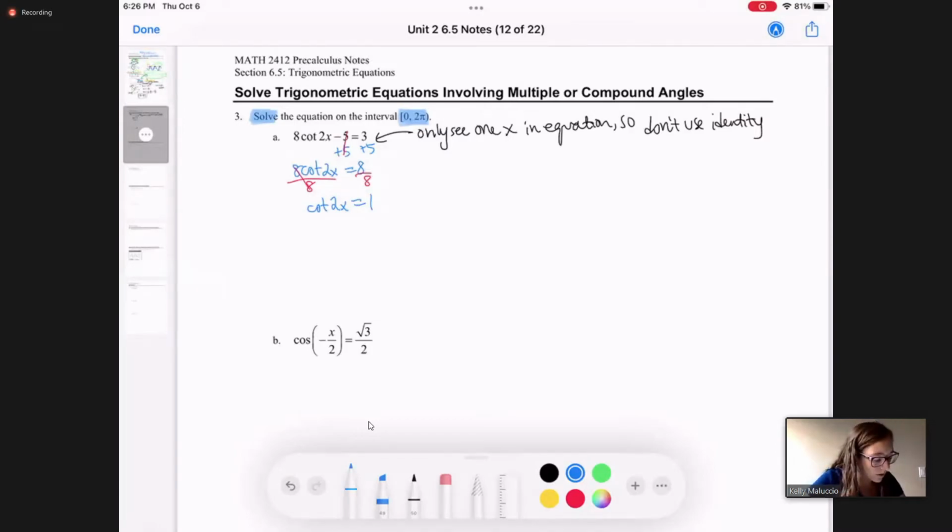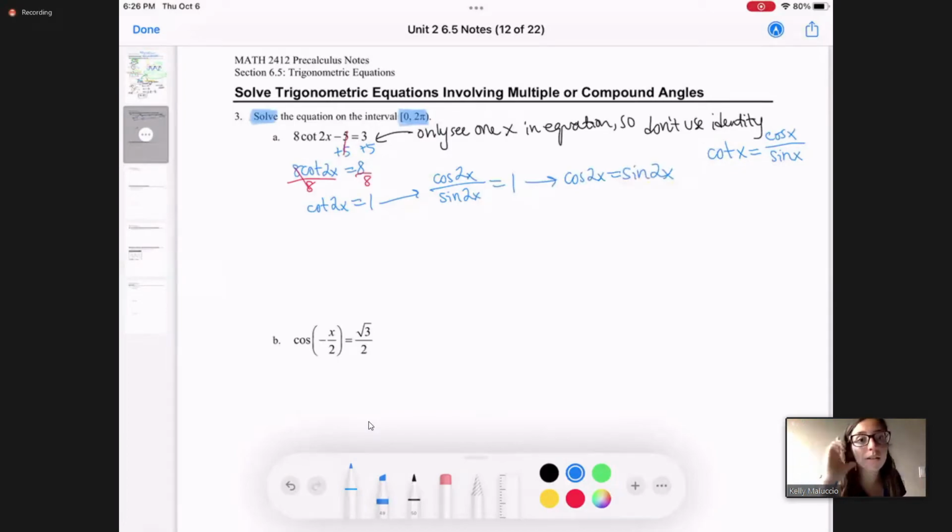Remember, just a little aside here, cotangent is the reciprocal of tangent. So it's cosine over sine, right? So what this means is cosine 2x over sine 2x equals 1. And then that means cosine 2x equals sine 2x.